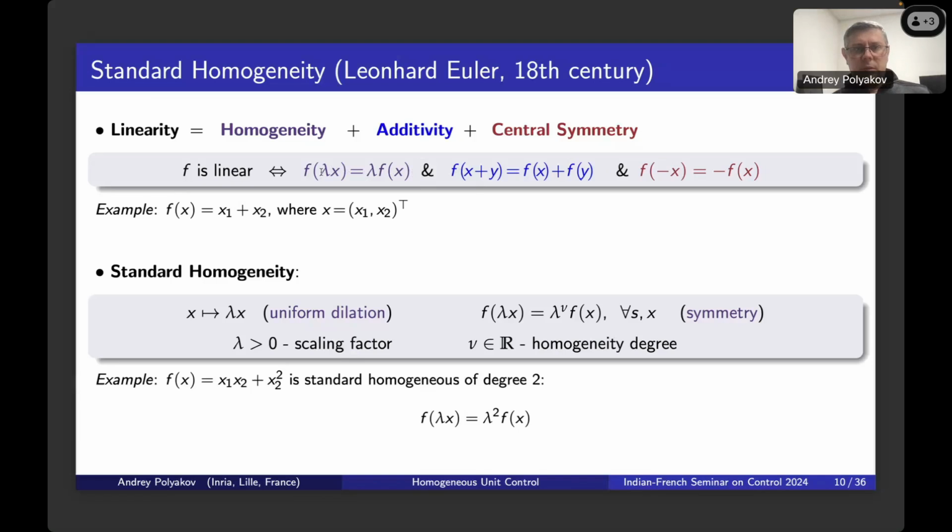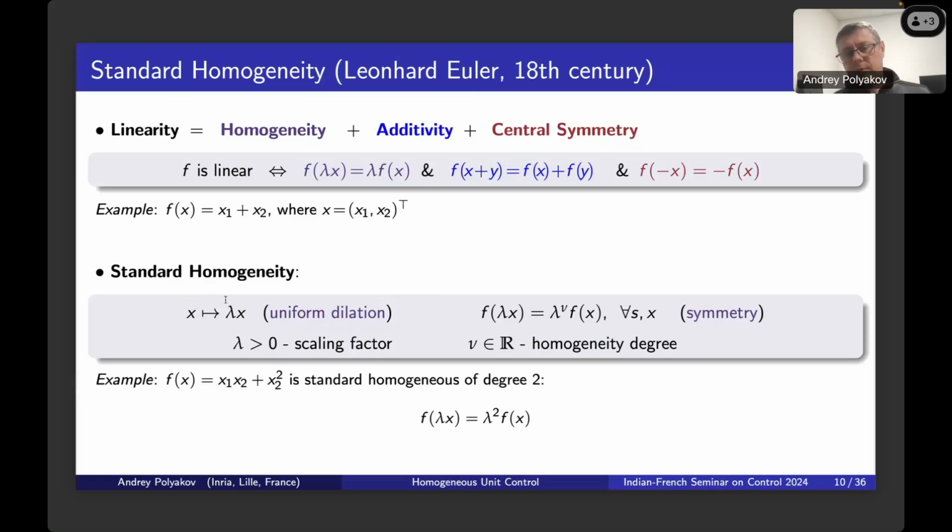But Leonhard Euler also introduced a so-called homogeneity degree, which allows us to analyze nonlinear functions using the same kind of symmetry with respect to the same kind of operations. So if we take again a vector x, I do not specify here what this is. It can be an element from R^n, an element from an abstract space, or even an operator.